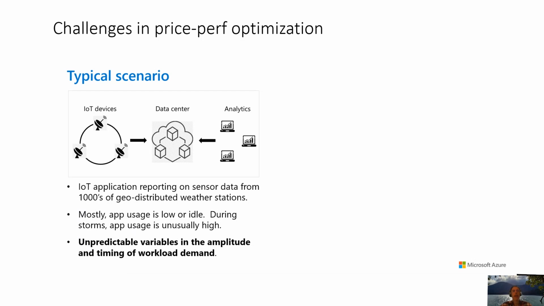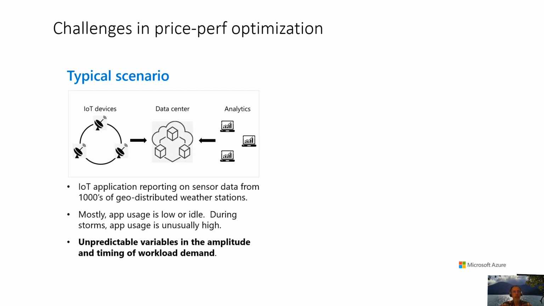So consider a typical scenario of an IoT application with a centrally managed database that collects rainfall data from thousands of geo-distributed weather stations, as well as exposing endpoints to clients to connect to in order to run various analytic scenarios as well as generate reports.